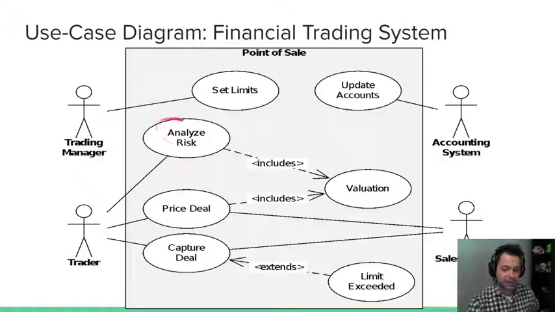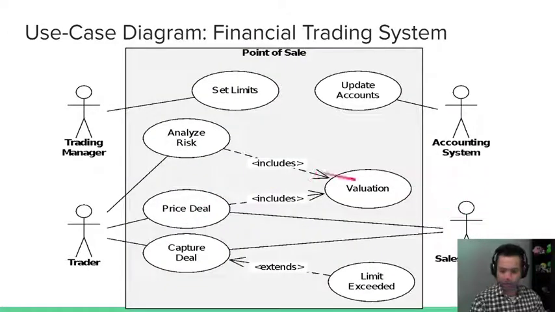Well, each of these use cases is going to have some method for evaluating value, right? So assessing value, it's called valuation. But basically here is a use case where it's describing some function or feature, and we're just going to add it to our analyze risk, or we're going to add it to our price deal, right?